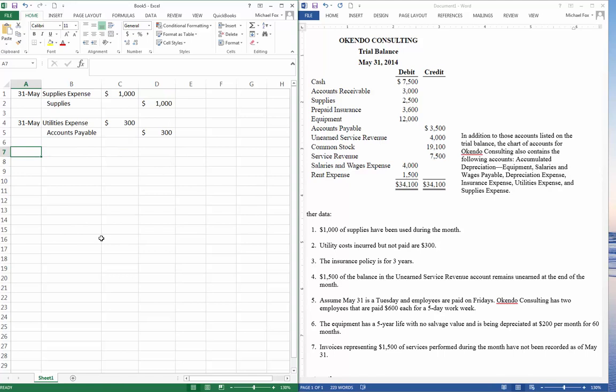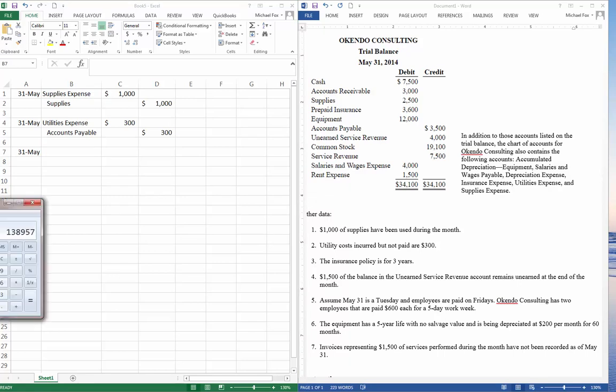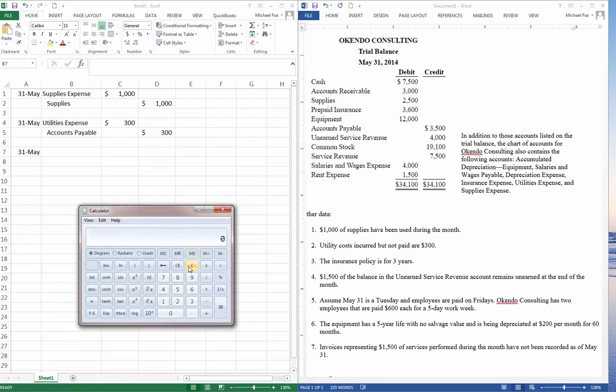The third one is our insurance policy. So it tells us the insurance policy is for 3 years. It leads us to assume a few things. It leads us to assume that it was just issued this month, right? But if it's $3,600 for 3 years, then to figure out how much of that policy to use up in 1 month, we would simply take the total cost of $3,600, divided by the number of months in 3 years, which is 36, and that gives us $100 per month.